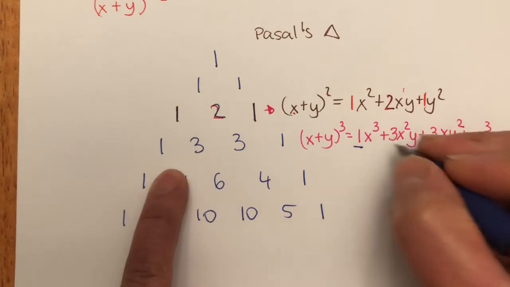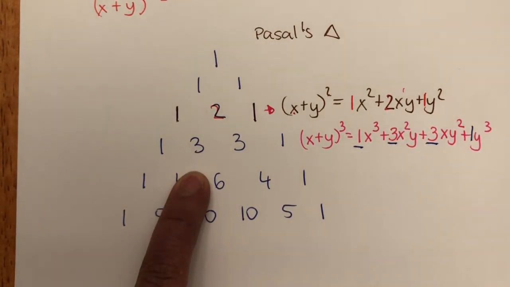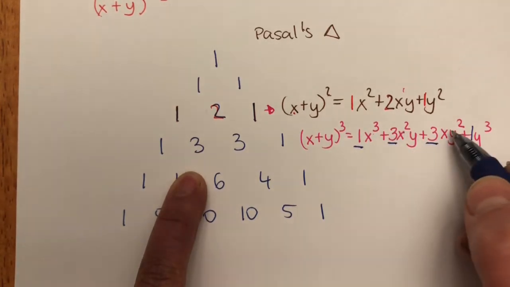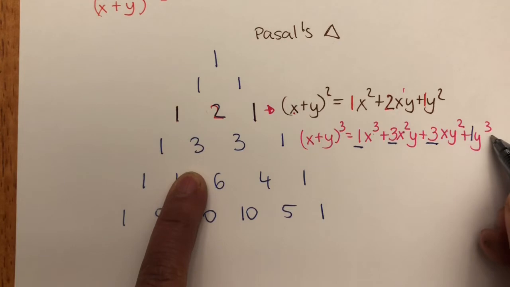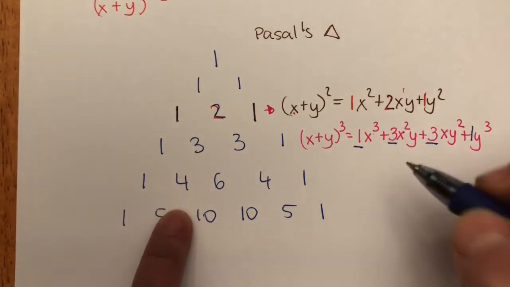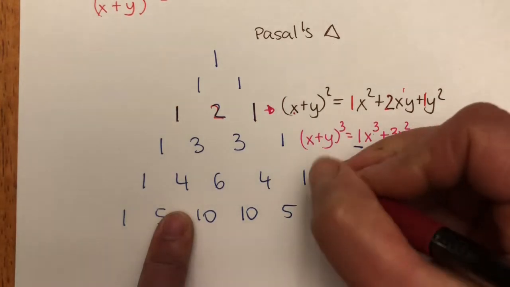This is the 1, this is the 3, this is the 3, this is the 1. As far as power, we are starting with the third power, second power, first power, 0 power. That's why x doesn't exist right in here. And as for the y's, y to the third, y to the second, y to the first, y to the 0.